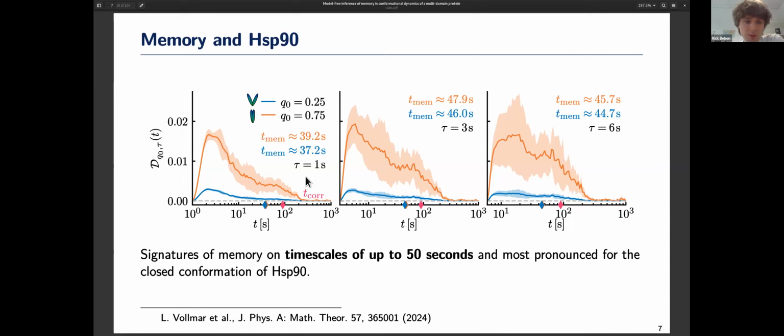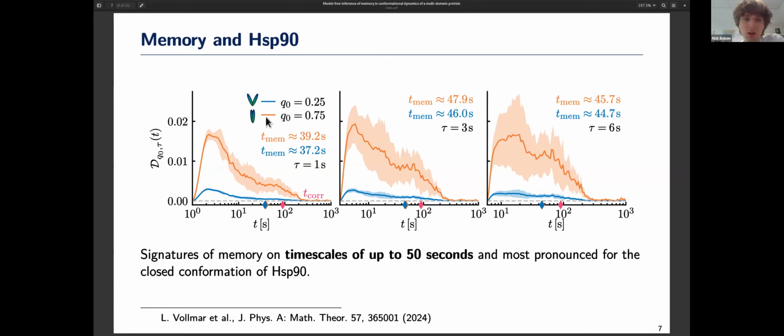Then the next thing is we can look at the memory timescale I introduced on the last slide, and here we found for all the different examples we looked at that for this protein, the timescale was almost 50 seconds. The last thing is the two different colors, which correspond to different initial bins Q0.